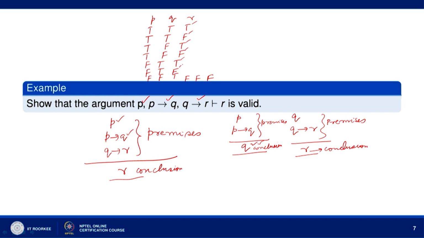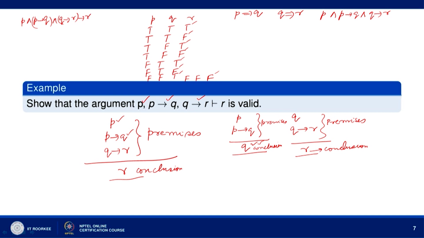And we can then find the truth value of P implies Q and then truth value of Q implies R. So, then P and P implies Q and Q implies R we can find. And then we will find P and P implies Q, and Q implies R implies R.